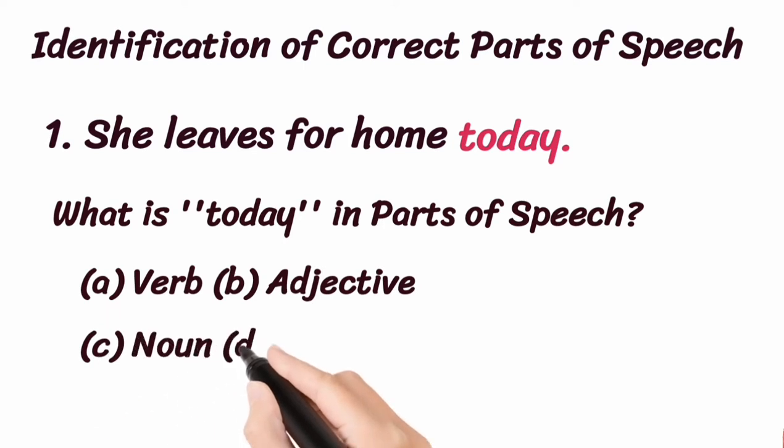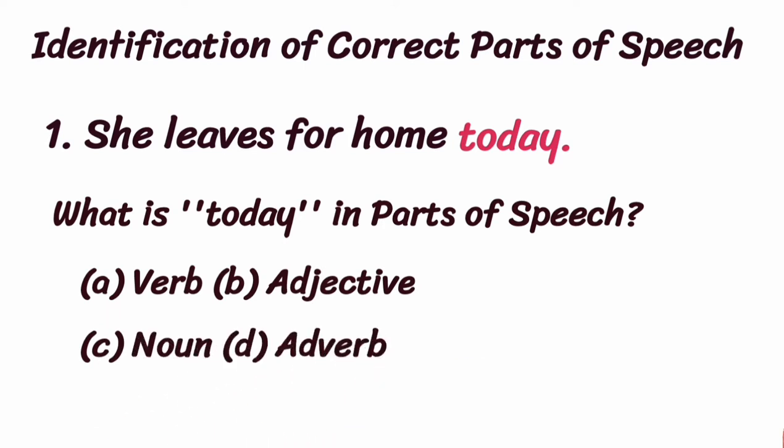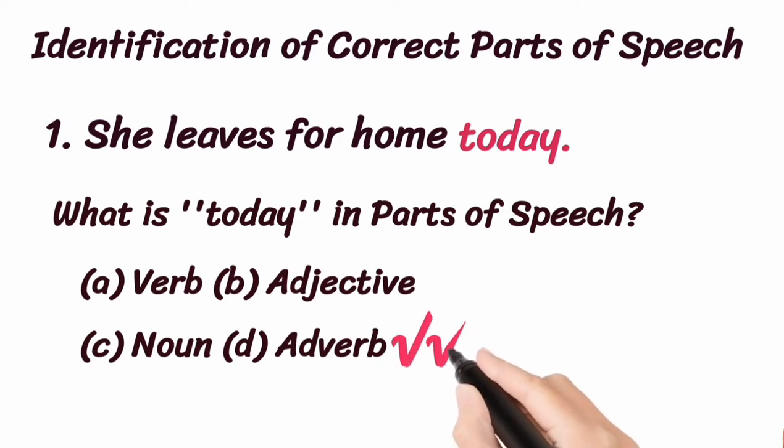The word in this sentence colored in pink is adverb in parts of speech. I repeat, today is adverb in parts of speech because it is answering to when. So adverbs usually answer when, where, how something happens. So today is adverb of time. So correct option is D, adverb.